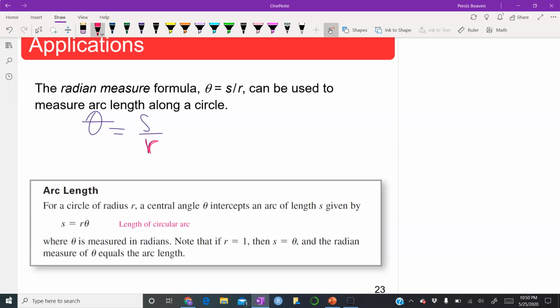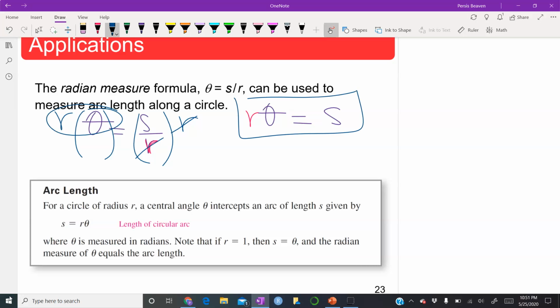Like that. Or you could imagine that I'm multiplying by R on both sides, so it will cancel here, so then we get R theta, which is what I have here. And so R theta is what we're going to use to find the length of a circular arc.